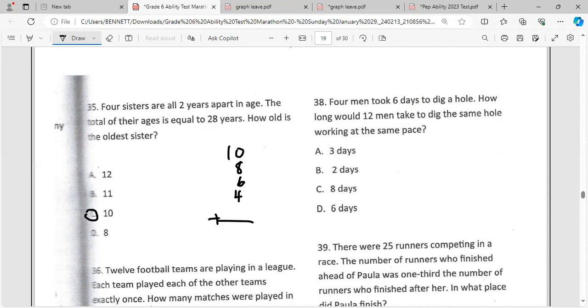So work it out, guys, on your own. What do you think the answer will be? So someone again? 38. Yeah.